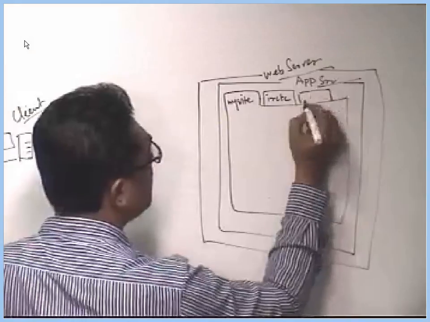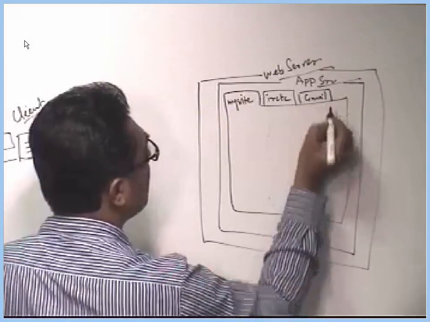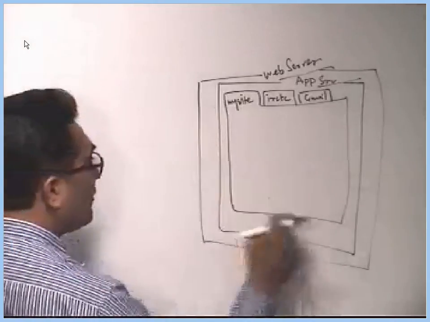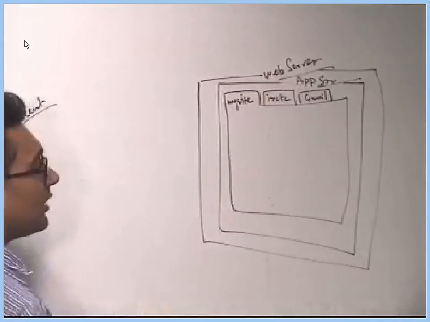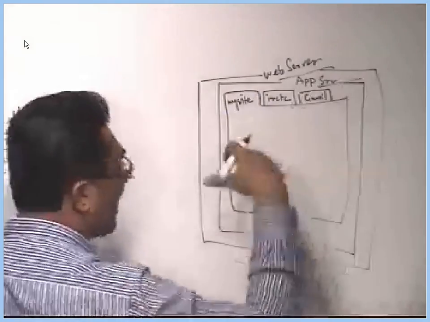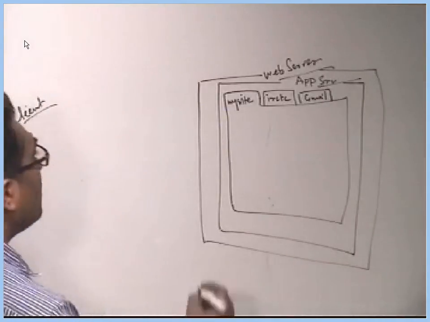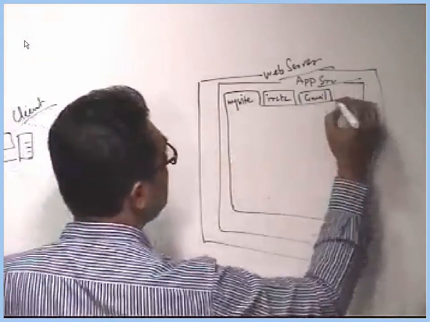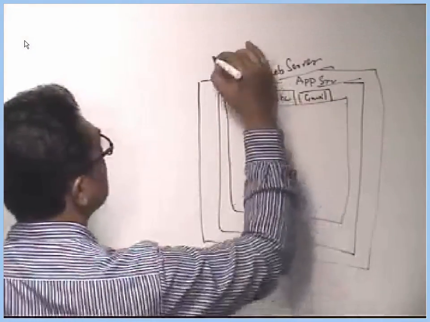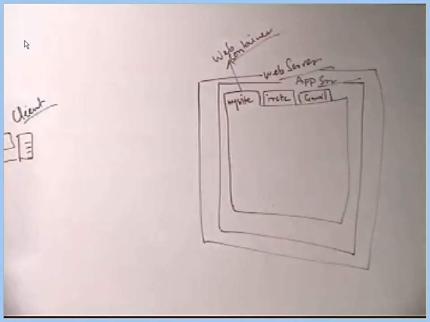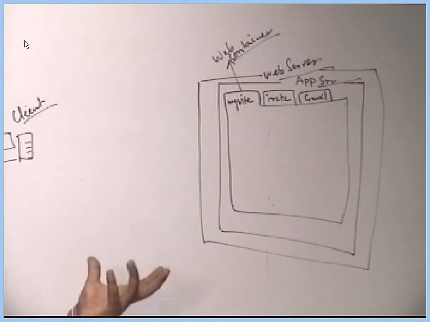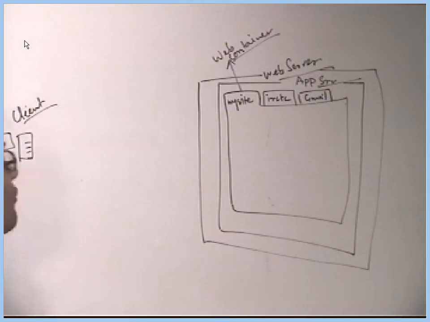So this is my Gmail. For my site there will be a specific memory scope. For the IRCTC application there will be an application scope. These application scopes are nothing but what are called web containers. Some of you might have heard of this in Java. It is the term related to the application server, web container.